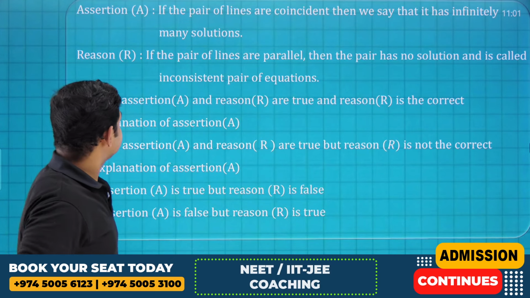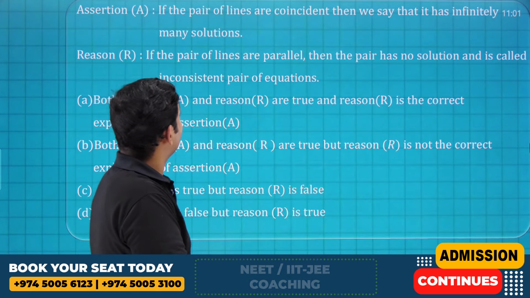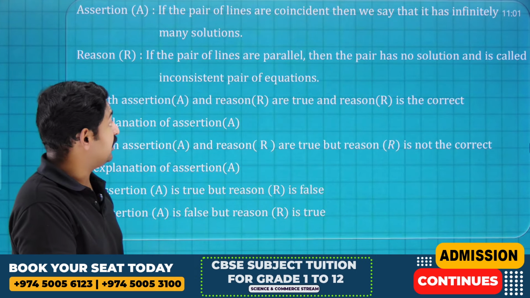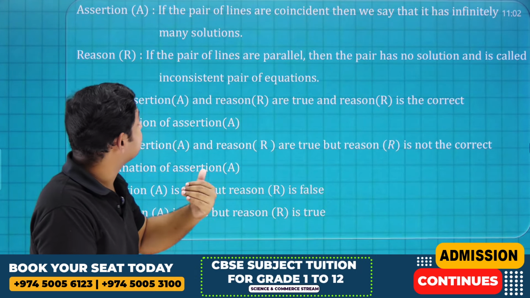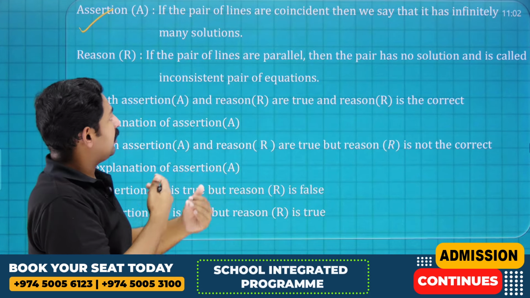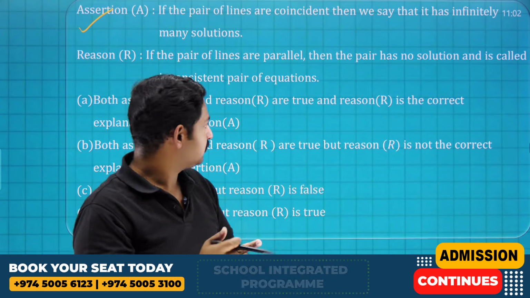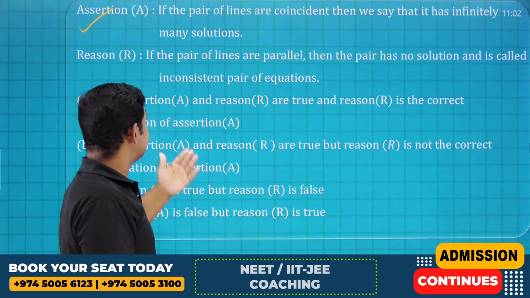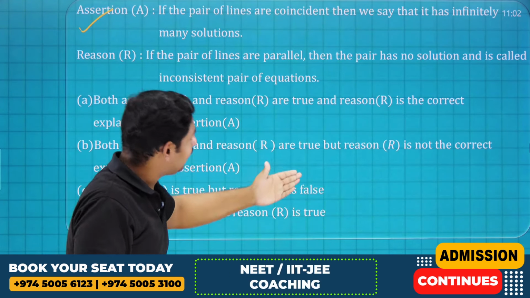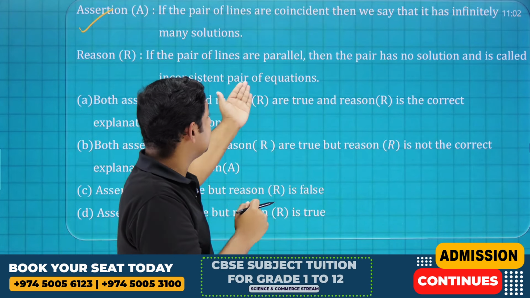Okay, the next one and the last question that we are discussing. If the pair of lines are coincident, then we say that it has infinitely many solutions. That is correct, right? It's a direct statement. And the second one, the reason is given that if the pair of lines are parallel, then the pair has no solution and is called an inconsistent pair of equations.